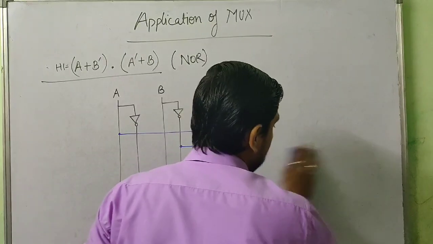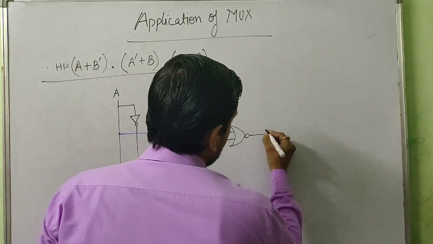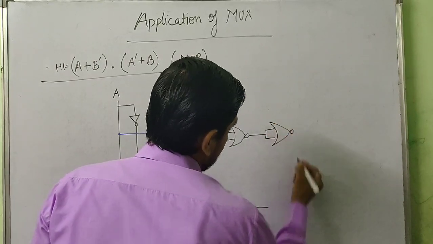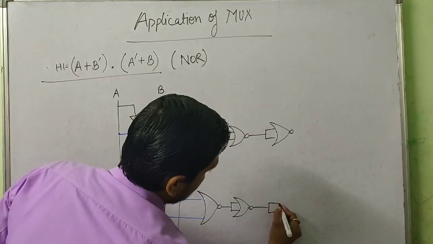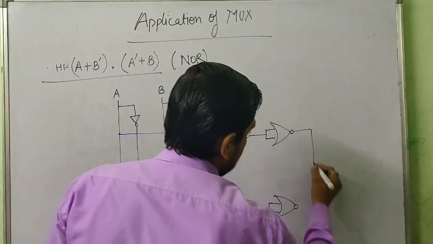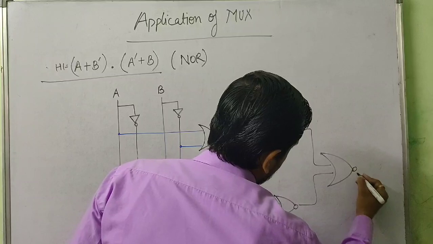So we will complement them with the help of NOR only, one more NOR operation. Here also to complement them, one more NOR operation. And this result will finally be NORed together.